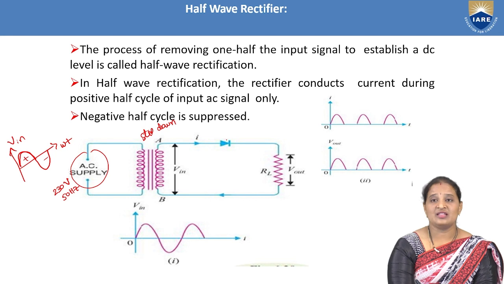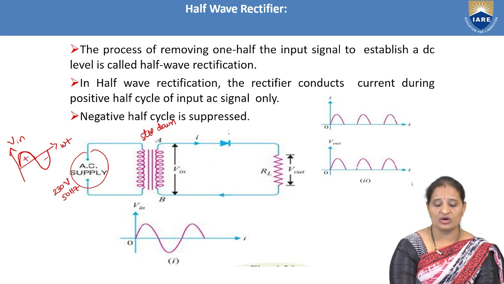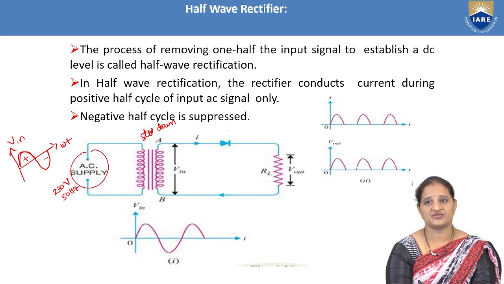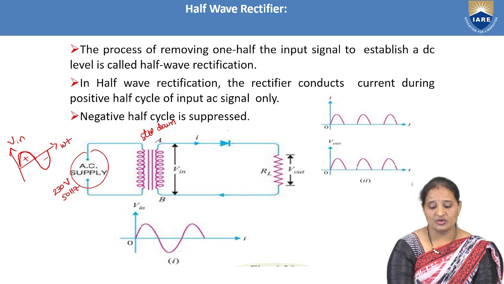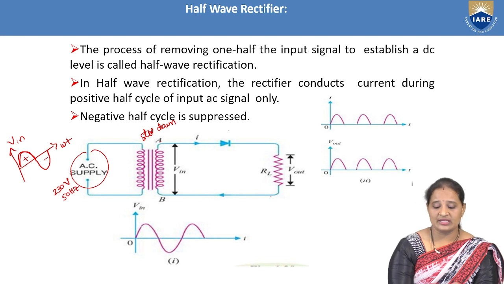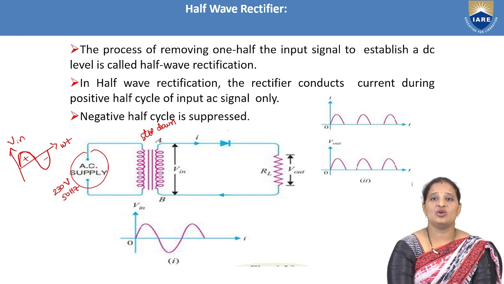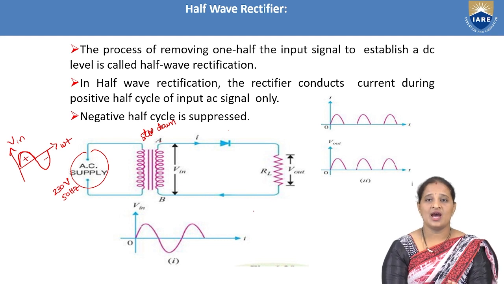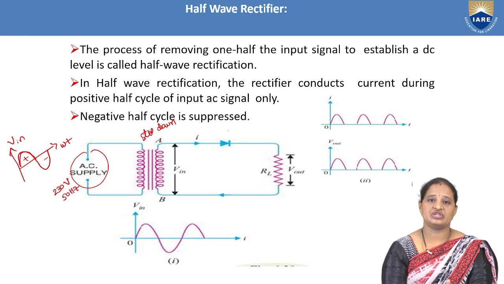In the secondary winding, a diode is connected to the upper terminal of the secondary winding, and to the cathode of the diode we have connected a load resistor RL. The load resistor RL is connected to the lower terminal of the secondary winding. So this is a half-wave rectifier, which uses only a single PN junction diode.